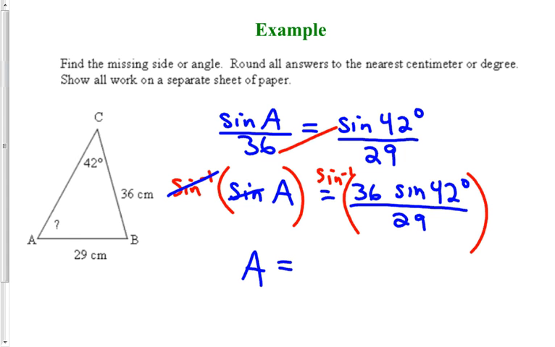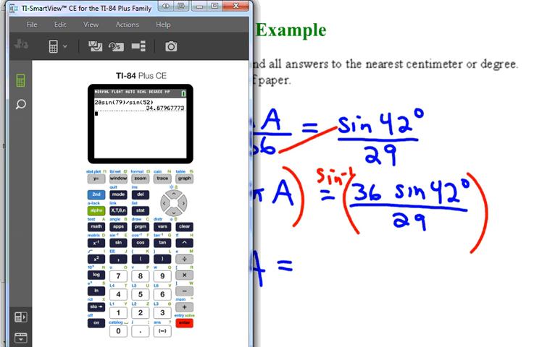And now I can plug everything else right into my calculator to get my angle. So second sine 36 sine 42, close my parentheses, divided by 29, close my parentheses, enter. They wanted me to round to the nearest degree, so that's going to be 56 degrees.